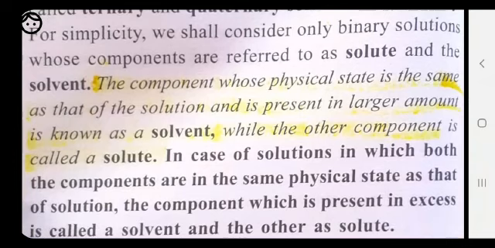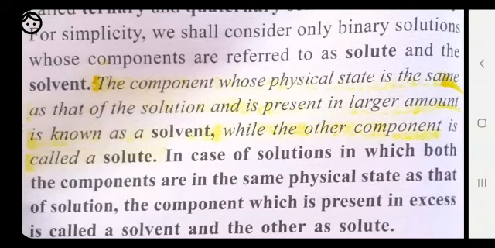That's why air is taken as a solvent, and whatever gas is added to the air is called a solute, because the gas added is in small amount, and the air is in larger amount. That's why air is taken as a solvent and the lesser amount of gas is taken as a solute.